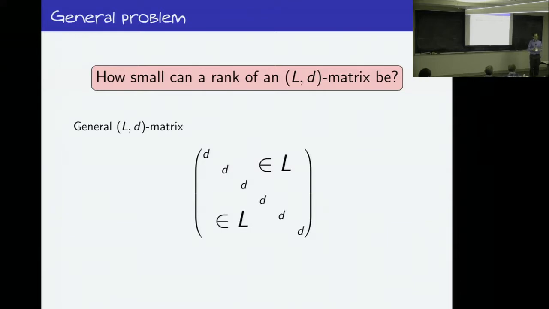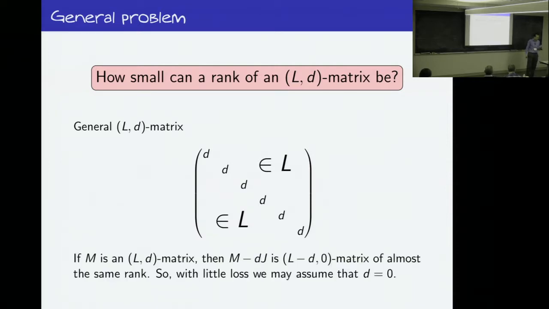We can assume that the diagonal is any number you want. In particular, we can assume it's 0. This is simply by subtracting a matrix which just has constant entries, like all entries are equal to D. Subtracting this matrix will change the rank by at most 1 because this is a matrix of rank 1.